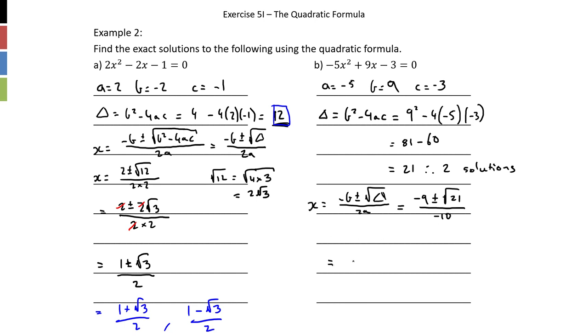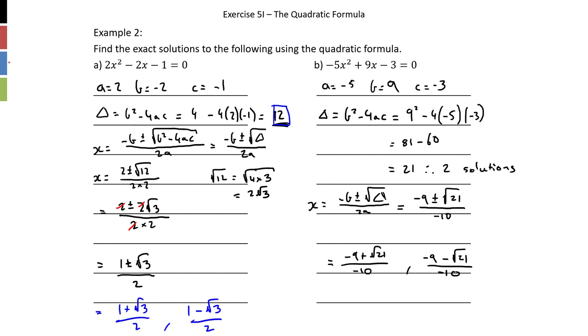Now 21 is 7 times 3, so we can't simplify that. That's as simple as the answer can get. So we can leave it like that, or we can write it as negative 9 plus root 21 on negative 10, or negative 9 minus root 21 on negative 10. That's our 2 solutions.